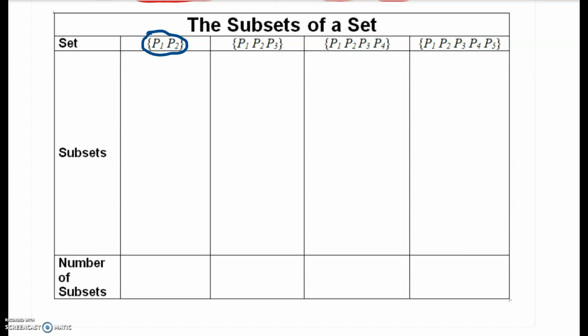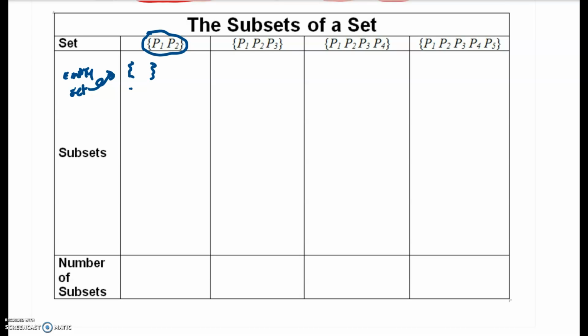We want to talk about the total number of subsets present here. The first subset is always the empty set, so we don't want to forget the empty set. The empty set is always a subset of any set that you have.